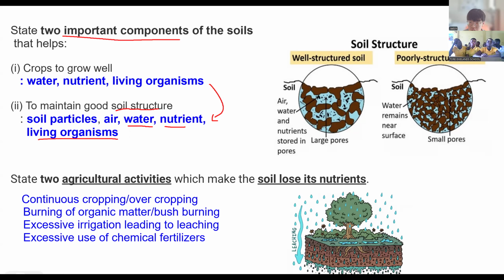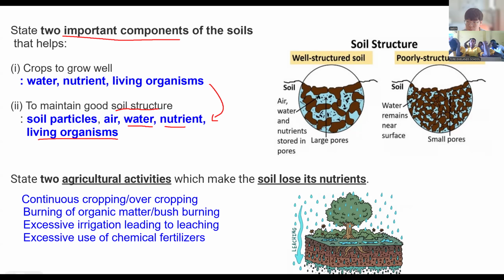So you can see an example on the right. This is a well-structured soil. So it has all the air, water, and nutrients evenly spread across. So that's why it has good structure.